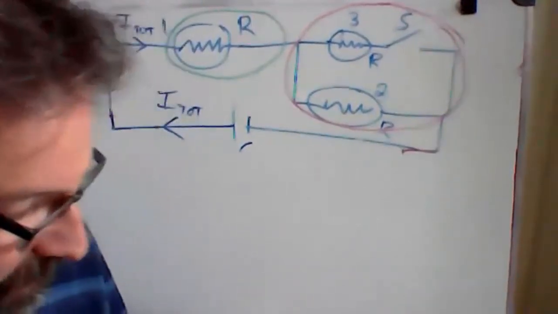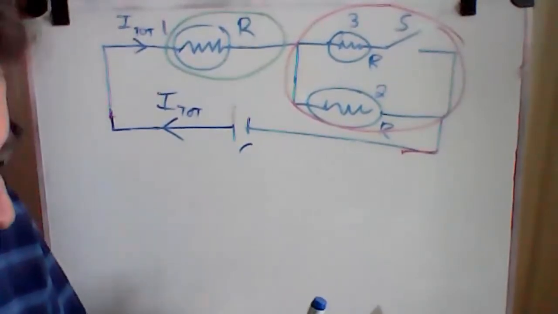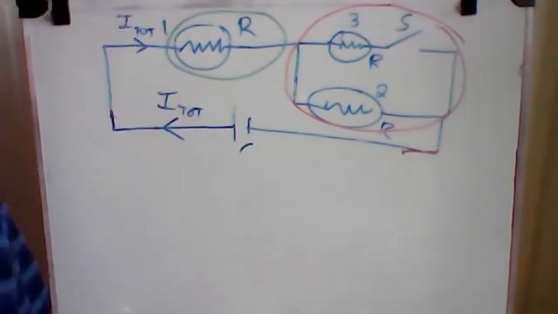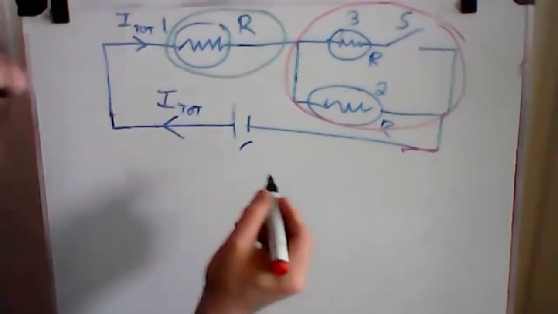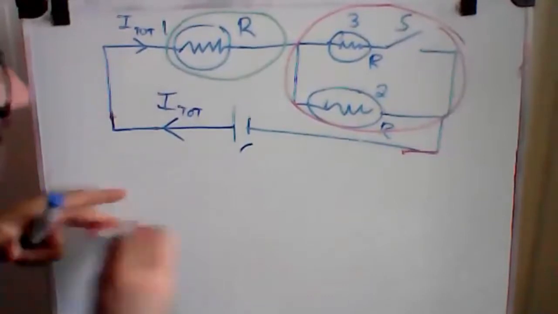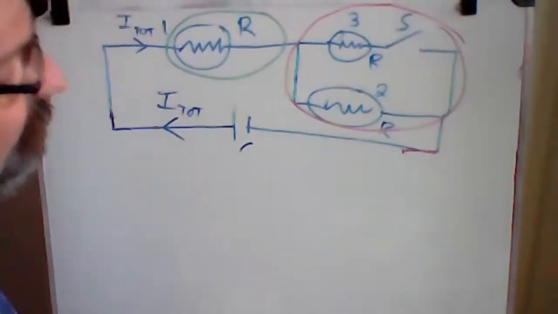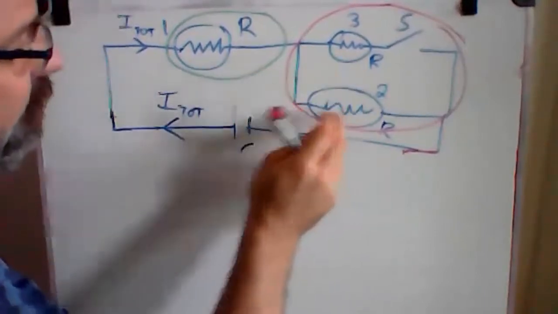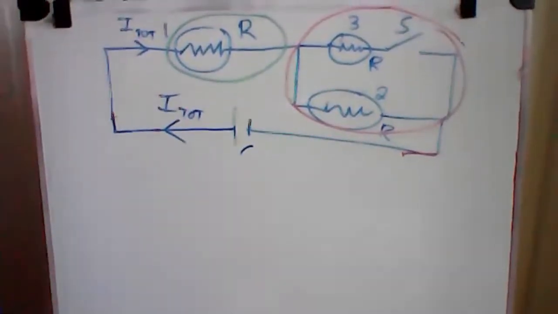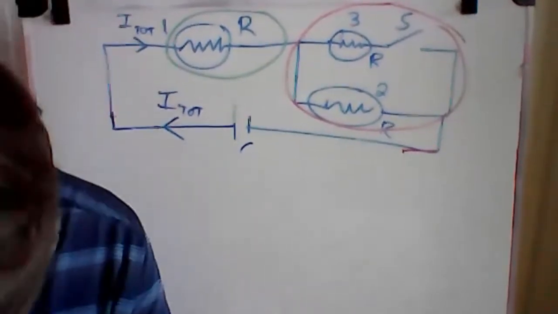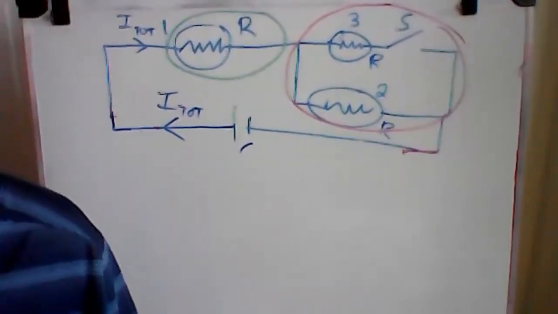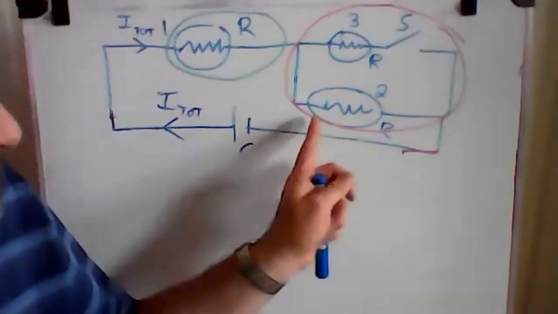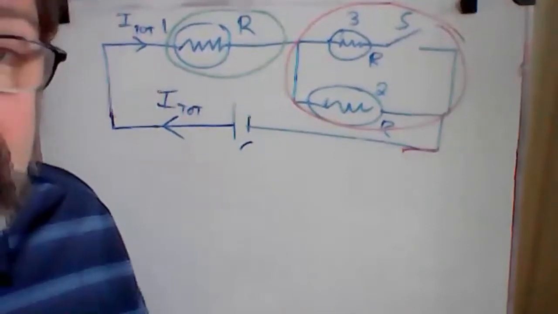So let's take a look at statement B. Statement B says bulb 2 will decrease in brightness after the switch is closed. So this person is making an argument that this light bulb will be less bright than light bulb 2 before. Is that a correct statement? Do you guys think that's right? Does light bulb 2 get less bright when you close the switch?